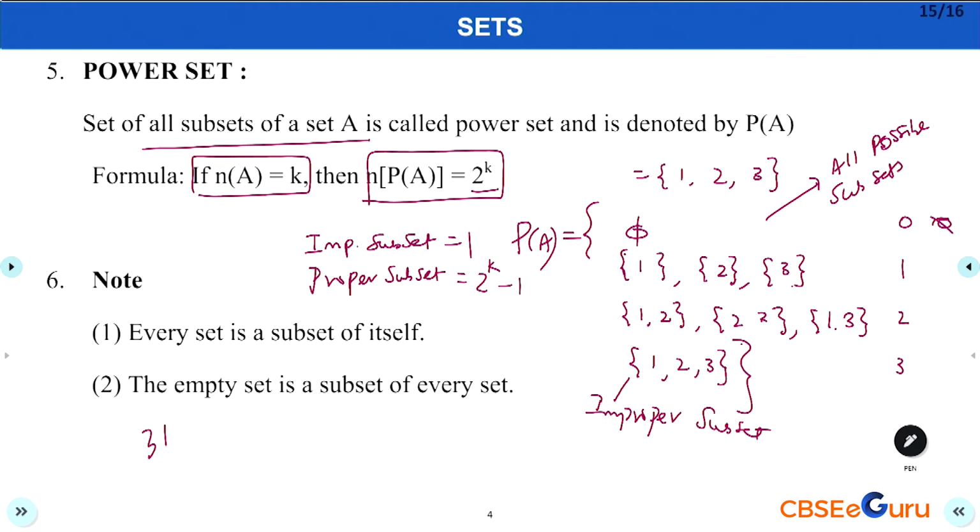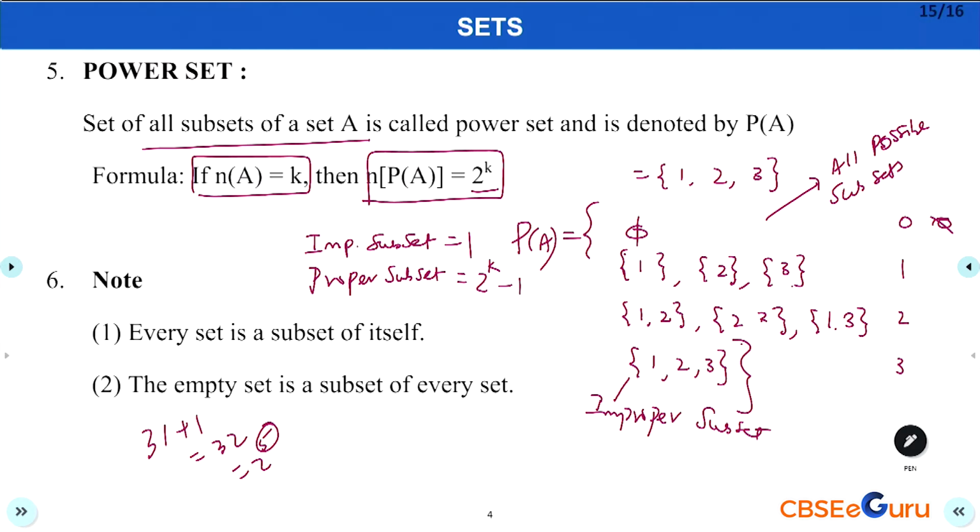Add 1: 31 plus 1, because only one improper subset, is 32, that is equal to 2 power 5. The original set contains how many elements? 5 elements. Okay. So this is one of the very important 1 mark questions: if only the number of proper subsets is given, how to find the number of elements that the original set contains.